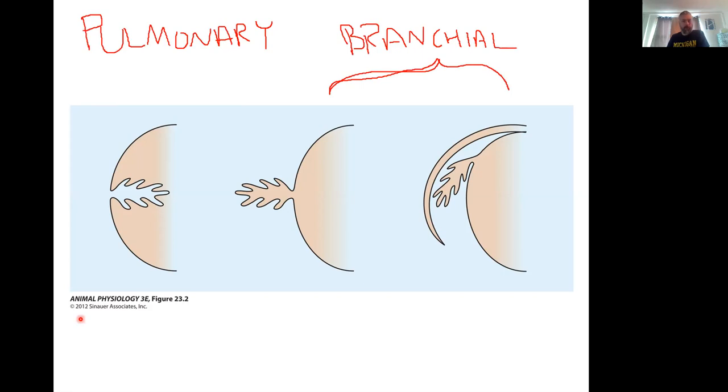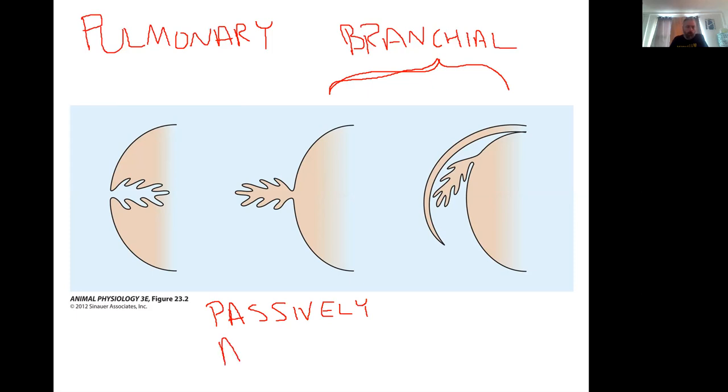And ultimately, it doesn't really matter whether it's internal, whether it's external, like a gill. The other thing that we can change about how we bring fluids into contact with these membranes is by doing the ventilation itself passively, which happens fairly commonly, right?